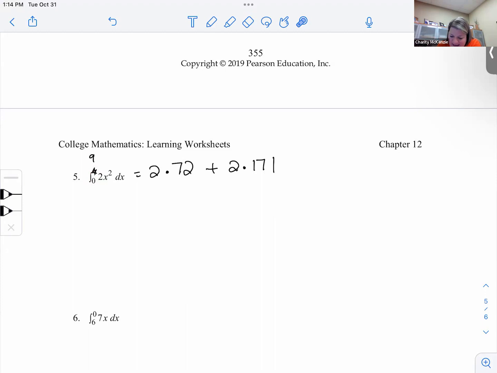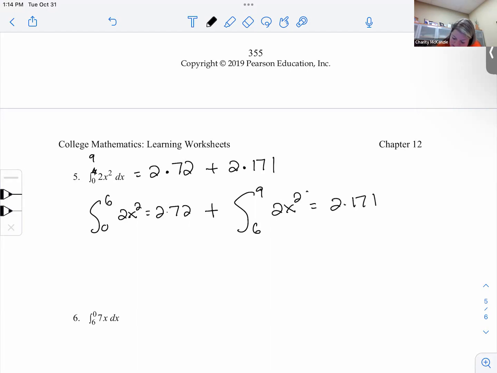From 0 to 9, I guess I can write that out. 0 to 6 of 2x squared is going to be 2 times 72, and we need to add that to the 6 to 9 of the 2x squared, same thing, which is going to be 2 times the 171. I did not include the dx, but there you go. So that's where that one comes from. So put that in your calculator, and I get 436.